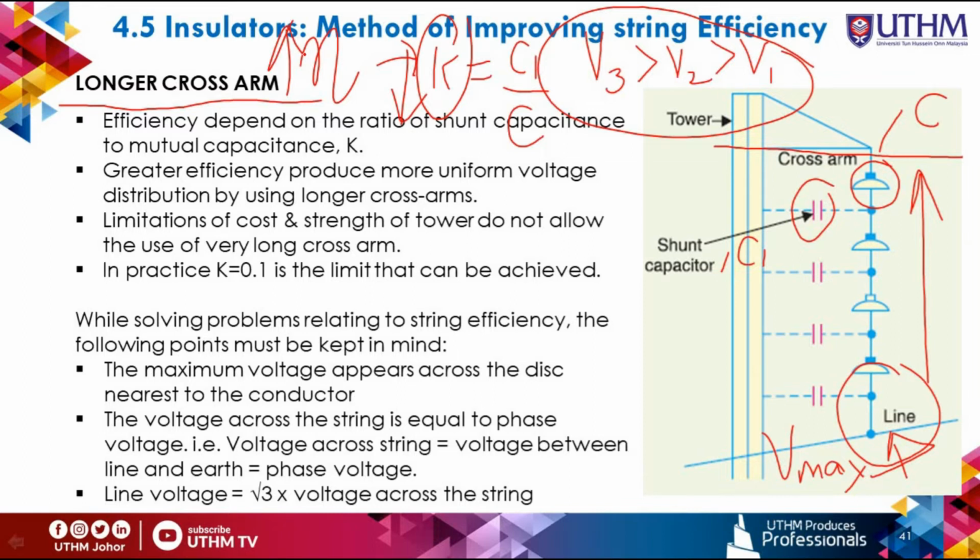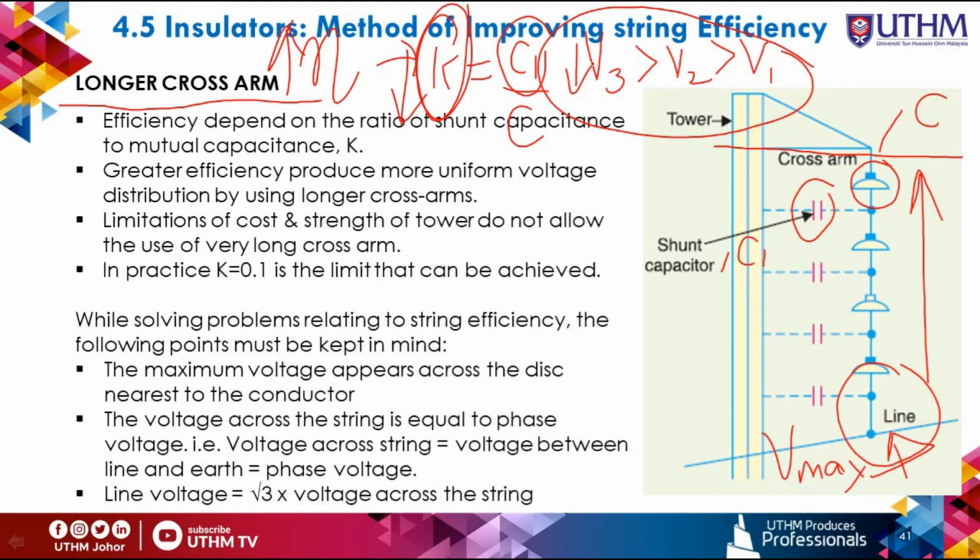So how do we decrease the value of K? By reducing the shunt capacitance, C1, in order to reduce K and increase the efficiency of the string.